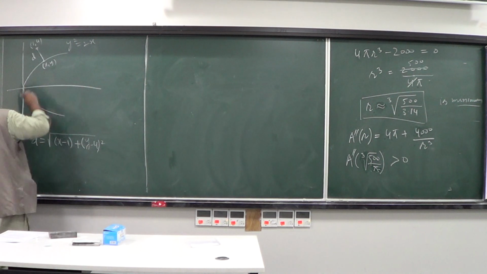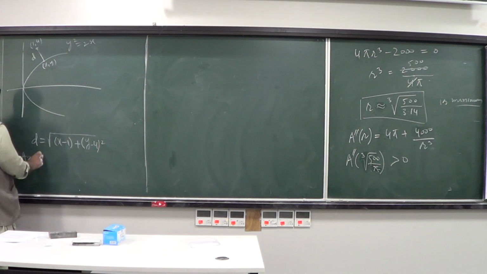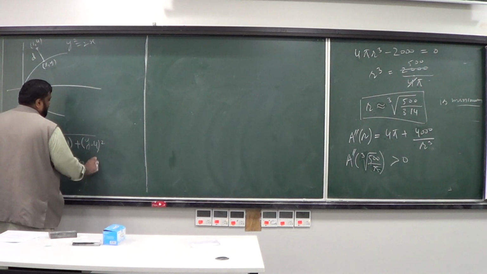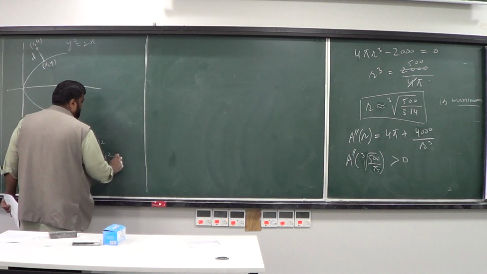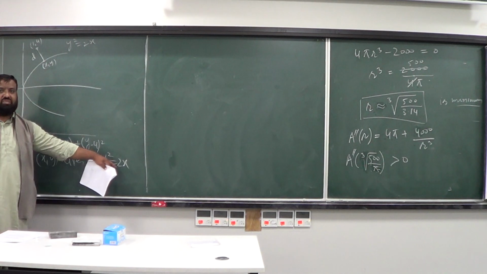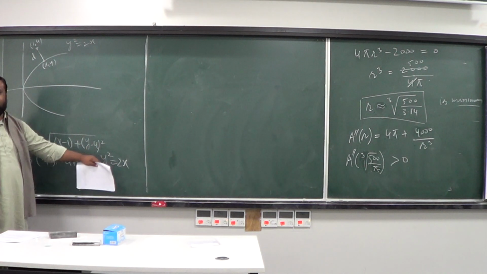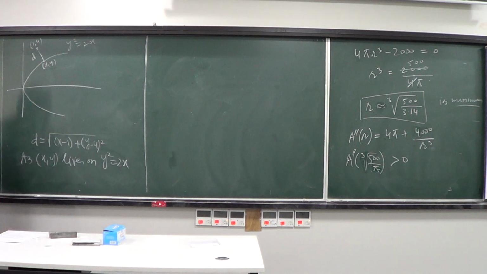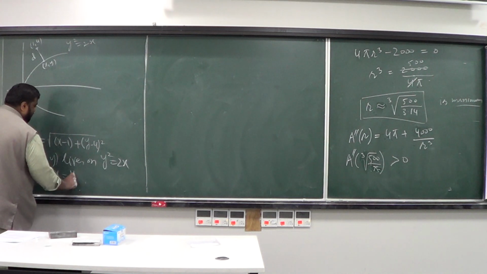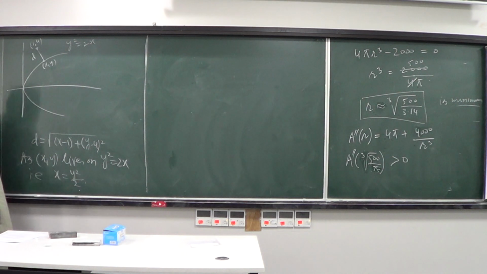The trick is that this (x, y) lives on y square equal to 2x, so it must satisfy this equation. So y square should be 2x, and from this I can deduce that x is y square upon 2.